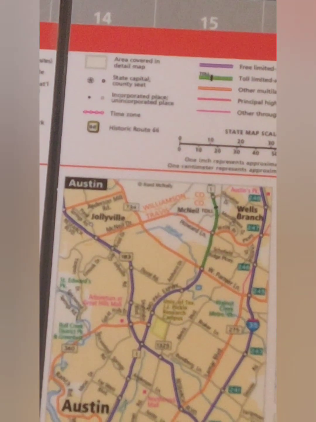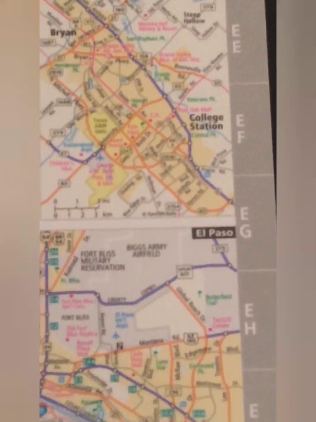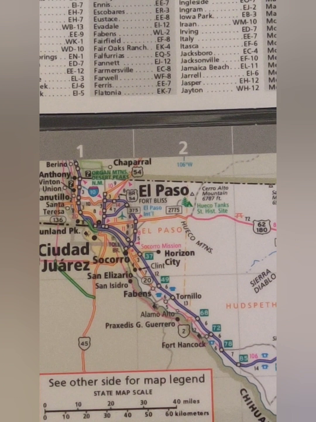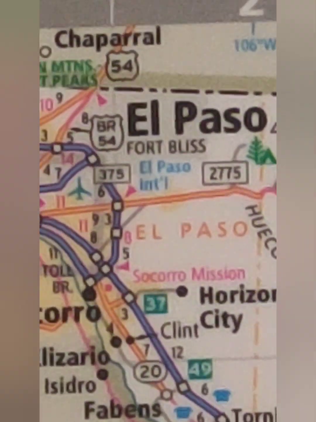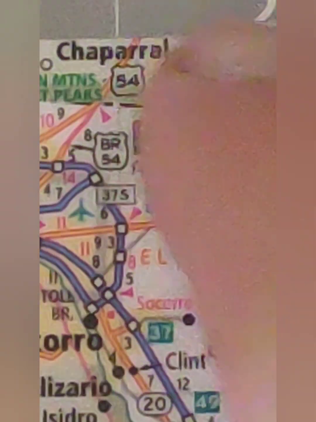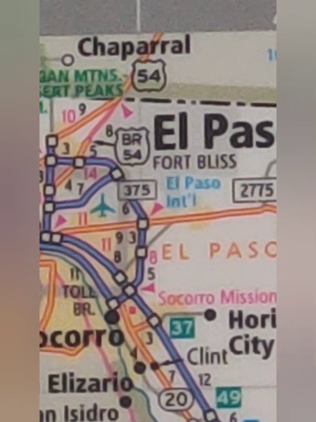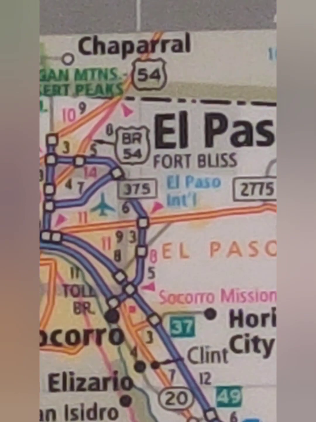All right, let's do this real fast. So, if we zoom in, this area right here, underneath the LP in El Paso, where it says Fort Bliss, that's shaded gray because that is a military base.